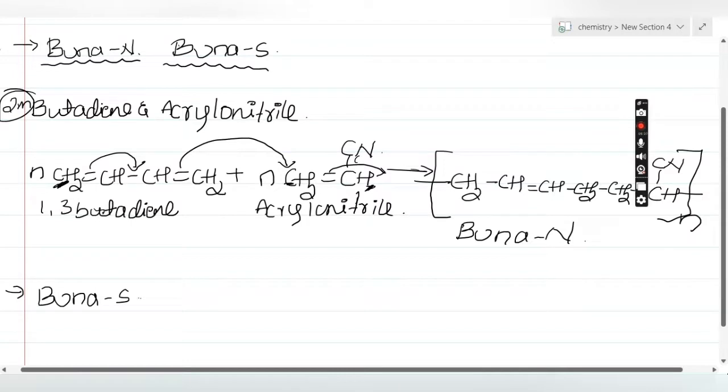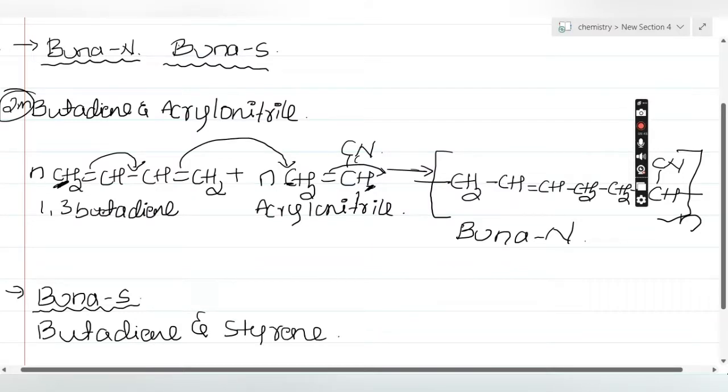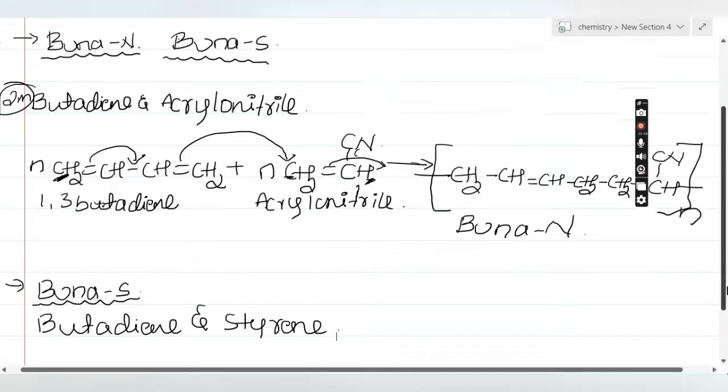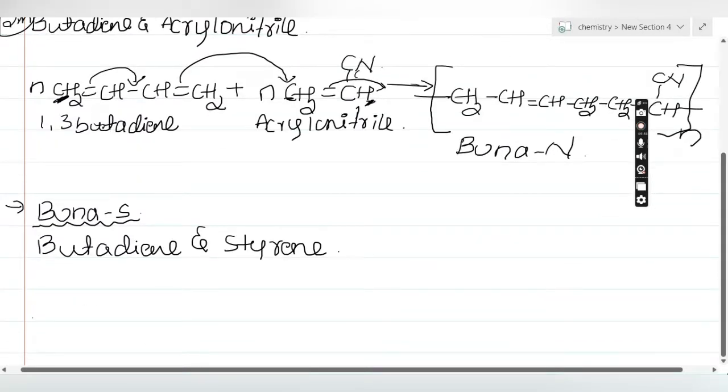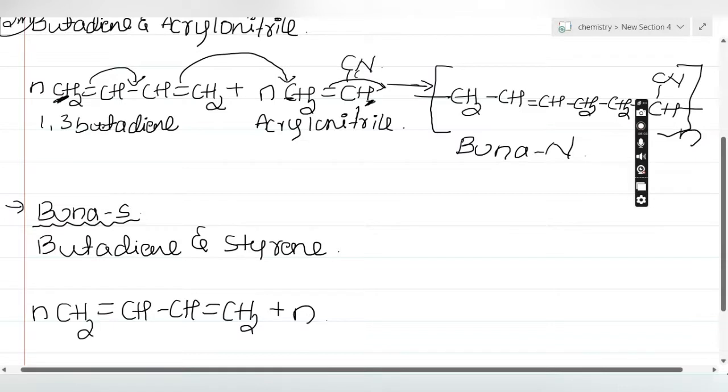What does BuNa-S stand for? Butadiene and styrene. Very simple molecule. One of the monomers is almost the same: butadiene. And the other monomer is styrene, that is phenylethene. As usual, I am writing butadiene, n molecules of CH2 double bond CH, single bond CH, double bond CH2, plus n molecules of phenylethene.